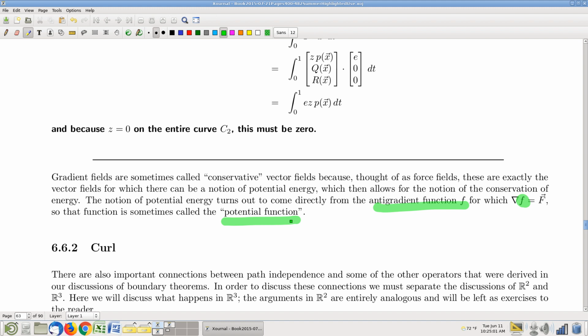They mean anti-gradient. And sometimes there's an issue with minus signs. This is a little bit of an annoyance, but forces point in the direction where energy is decreasing. Gradients point in the direction of fastest increase. So sometimes, depending on how they want to treat the minus signs, they might use negative f as the potential function. But anyway, that's a context thing.